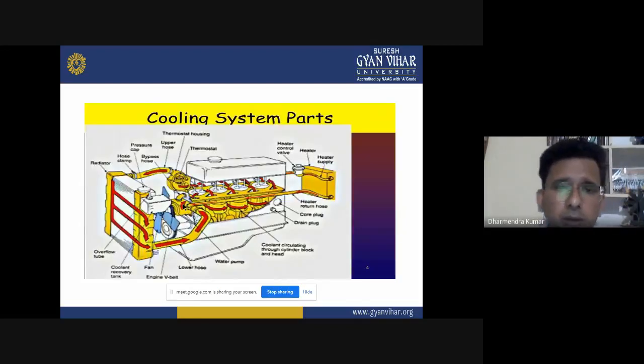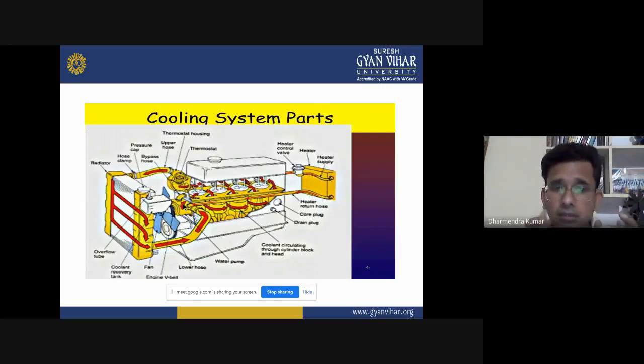Now the cooling system parts. Here it represents only the water cooling system parts, like radiator, hose clamp, heater return hose, core plug, drain plug, water pump, lower hose, fan, and the belt for driving the water pump.